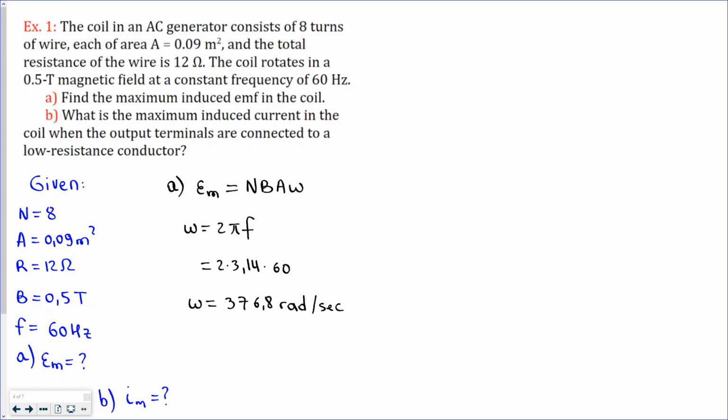Now, we know all the information, so we can find the maximum EMF. So number of turns it is 8, field it is 0.5, area it is 0.09, and angular frequency 376.8.